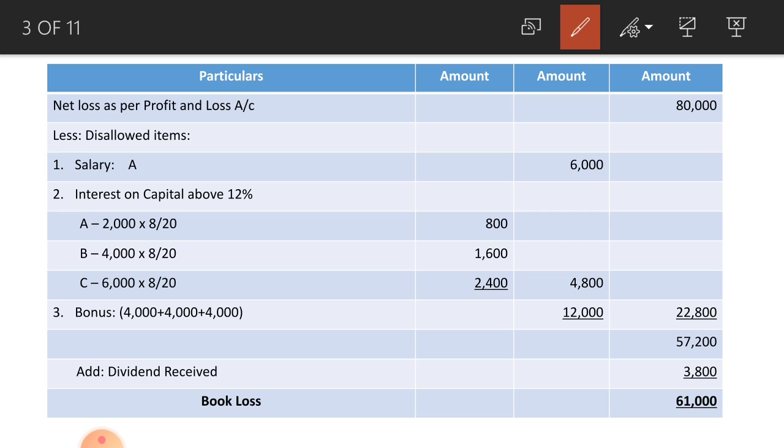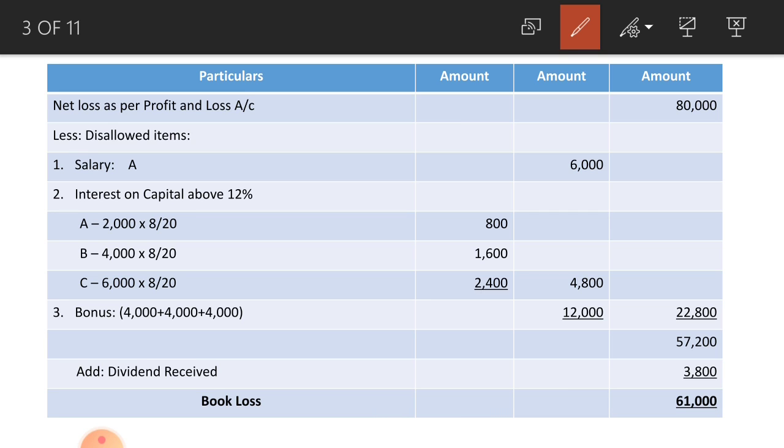So there is one admissible item, that is dividend received, which you included in the net loss. Now we have to add back that thing. So to get book loss, when you add this 3,800 to the loss, that amounts to rupees 61,000 of book loss.